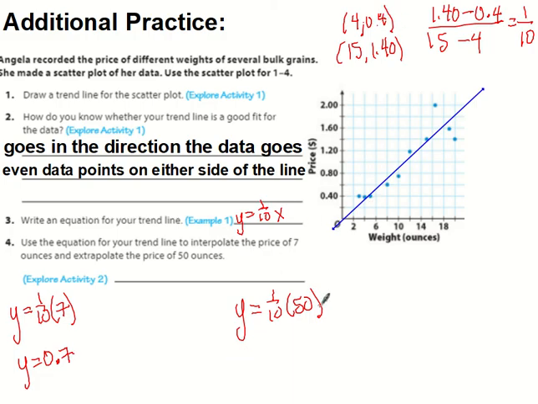Kind of the same idea. And then if we take 50 times a tenth and put it in my calculator, I'm going to get 50 over 10, which is going to get me 5. Okay? So our main goal is just to make these predictions. We're not too worried about extrapolate and interpolate. Those are not vocabulary terms we'll be using. So don't even worry about it.